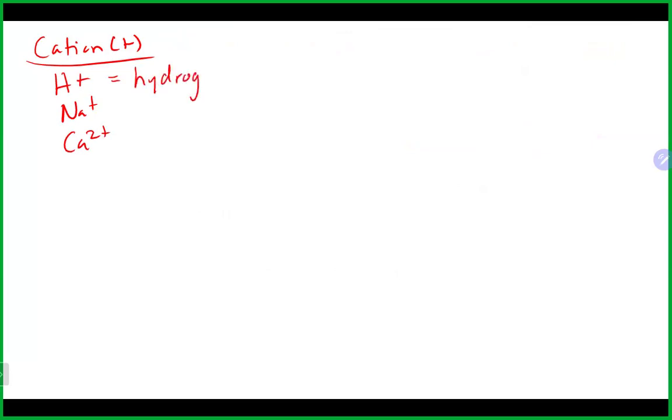So this would be the hydrogen ion, this would be the sodium ion, this would be the calcium ion. Whenever you have a positive ion, you basically just use the entire element name. You don't do anything to it.